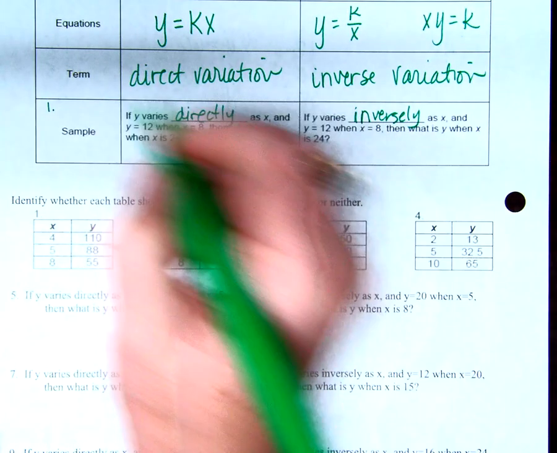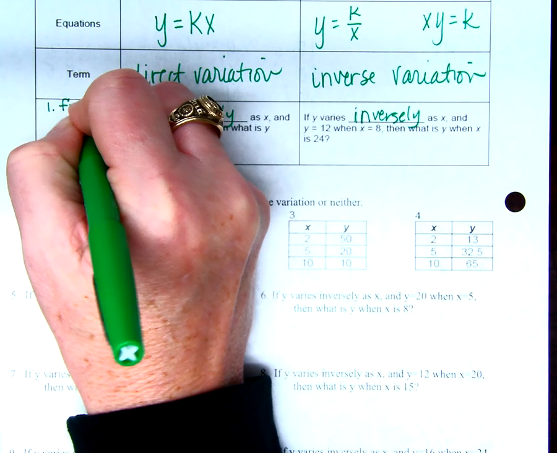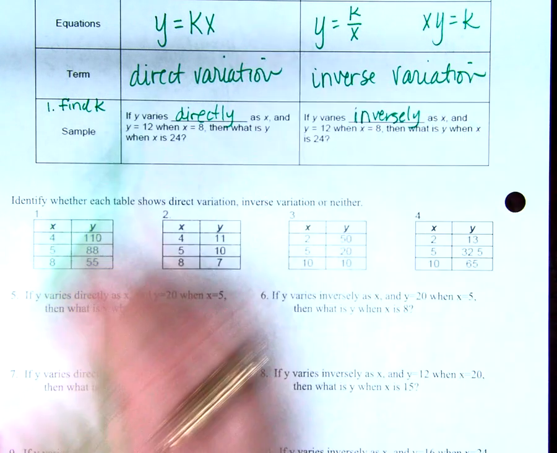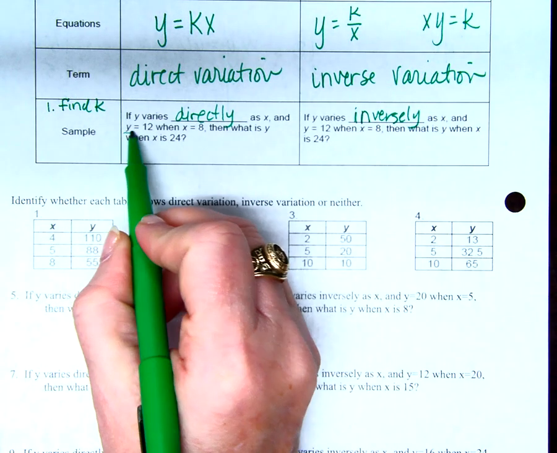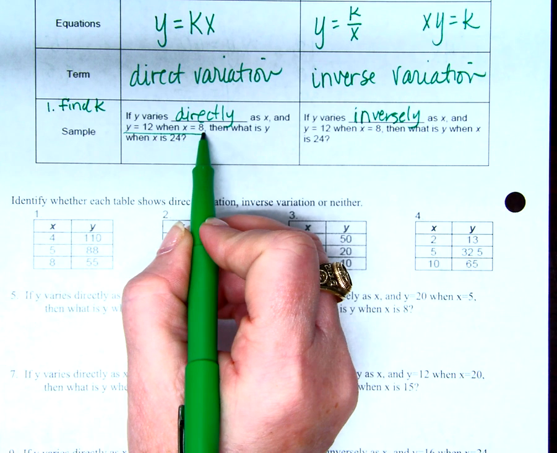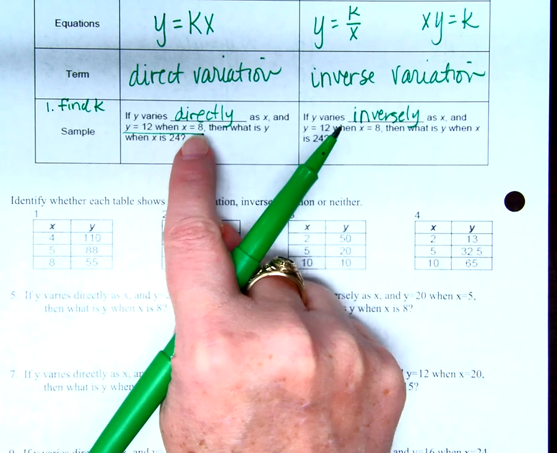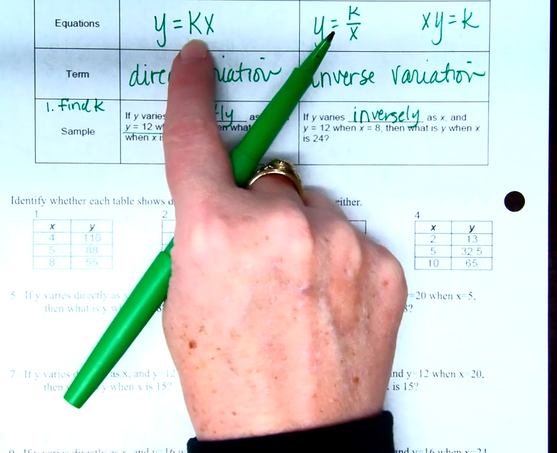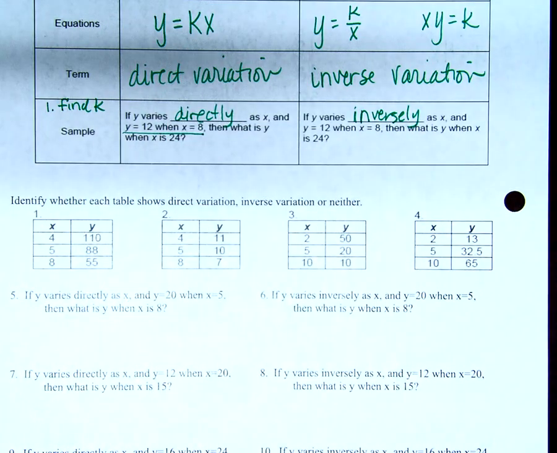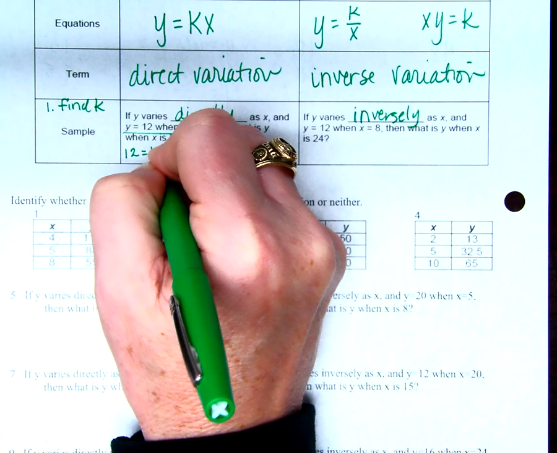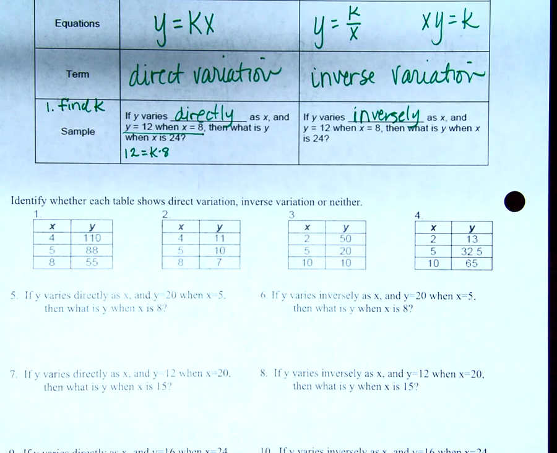Number one, we need to find K, because I can't do anything without finding K, can I? Well, it gives us enough information right here to find K. It tells us y equals 12 and x equals 8. If y equals 12 when x equals 8, can we find K?